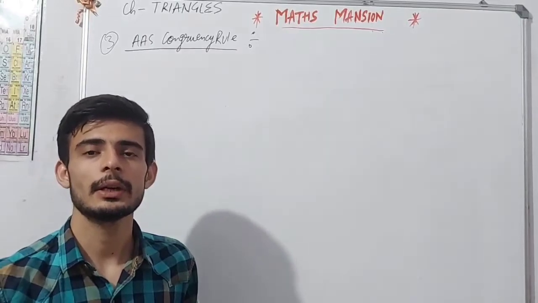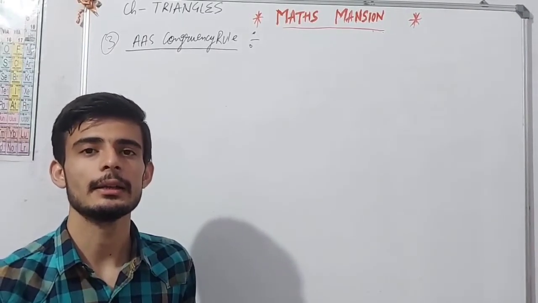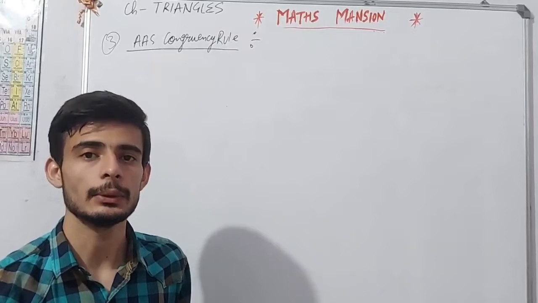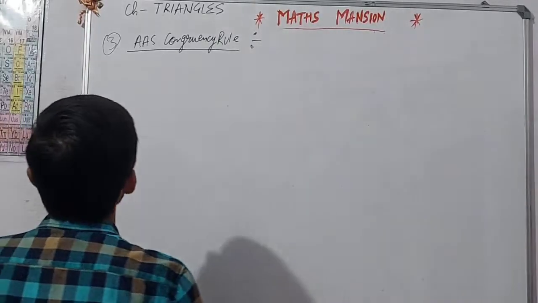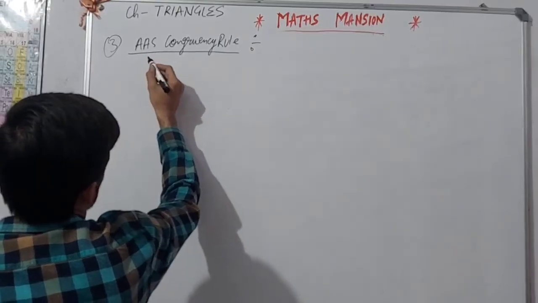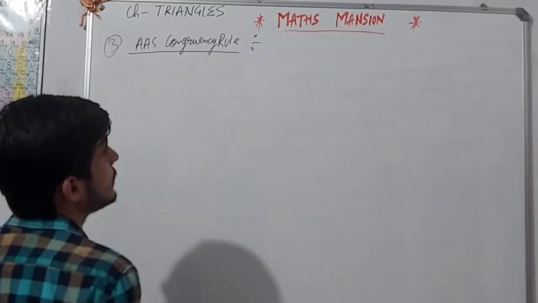Further, the third congruency rule is angle angle side congruency rule, which can be written as AAS.